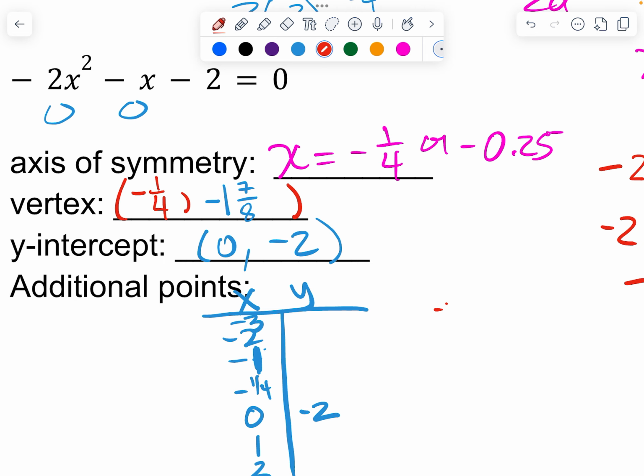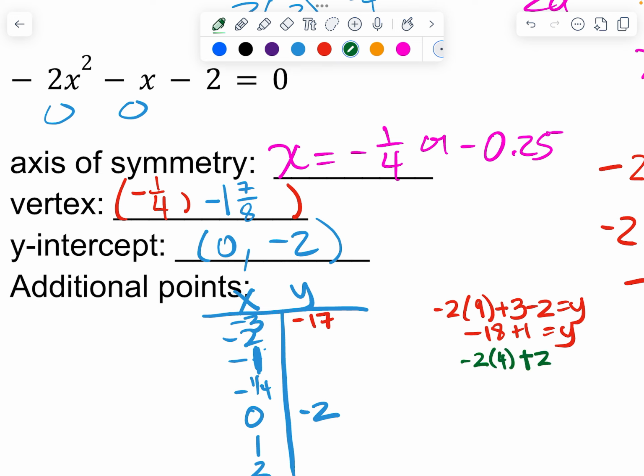Okay, so if I plug this in, so negative 2 times 9 minus negative 3 minus 2. Negative 18 plus 1, so that's negative 17. Then if I plug in negative 2, so negative 2 times 4 plus 2 minus 2 is going to get me negative 8.